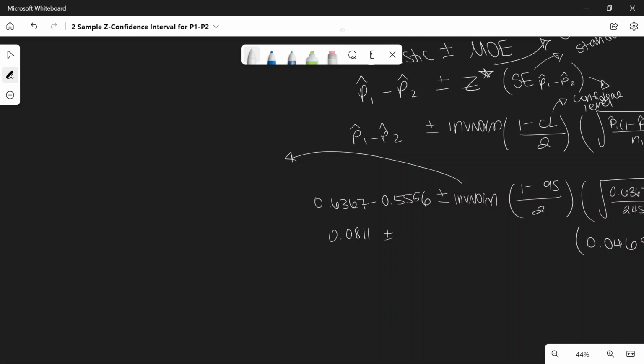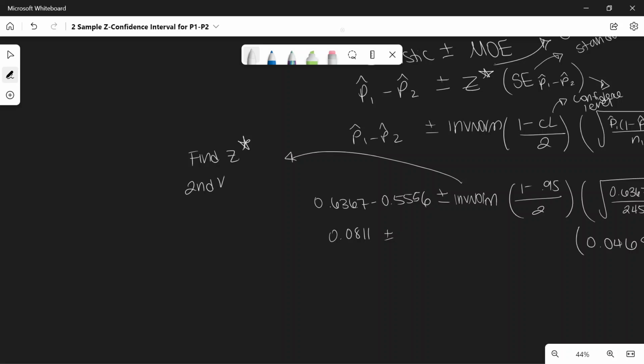To calculate inverse norm, or to find Z star, you want to go to second. Let me bring out my calculator. I think it's second vars and then 3, but let me see what it actually is. Okay, here it is. Second vars, or second distribution, whatever you want to call it.